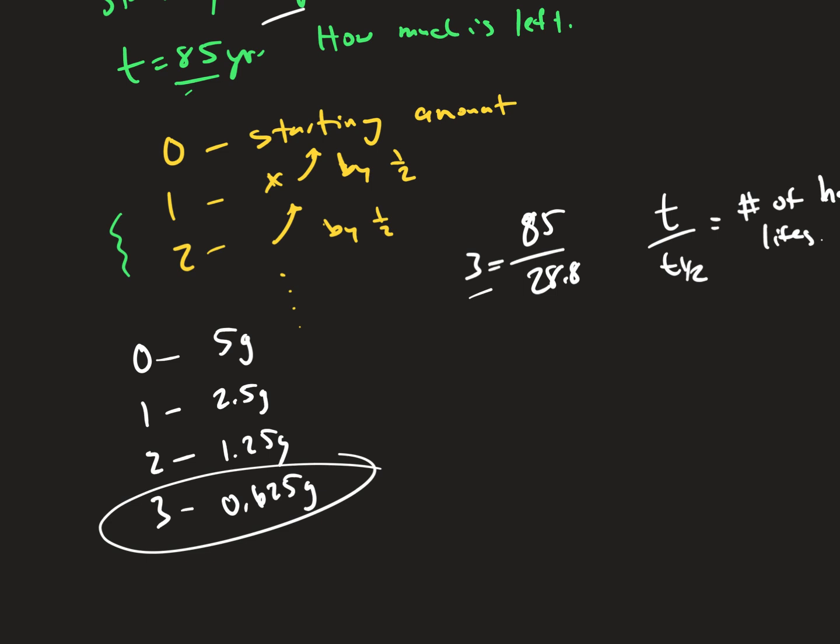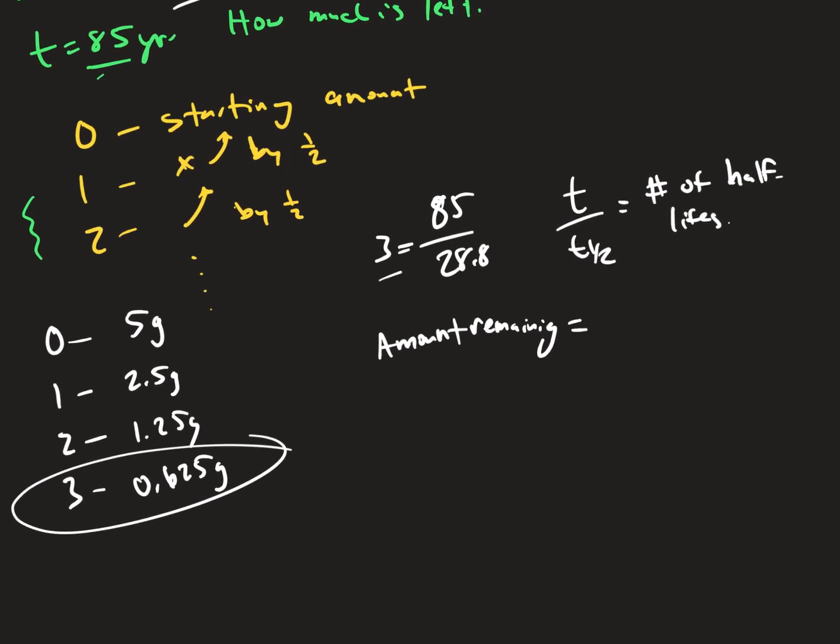Anybody want a formula? Okay, here we go. The amount remaining is equal to the original amount multiplied by 1/2 raised to y.